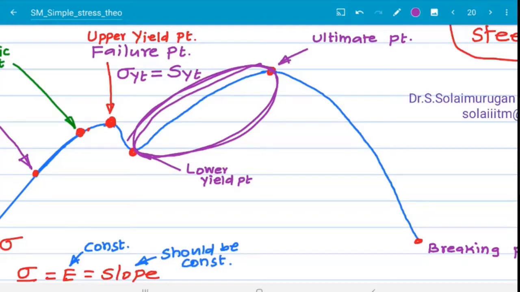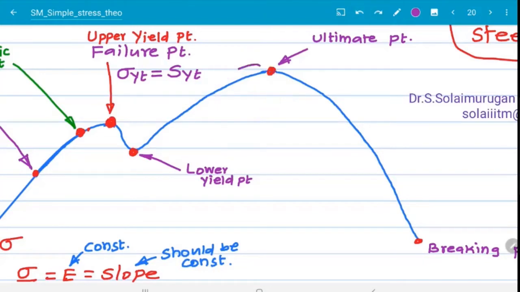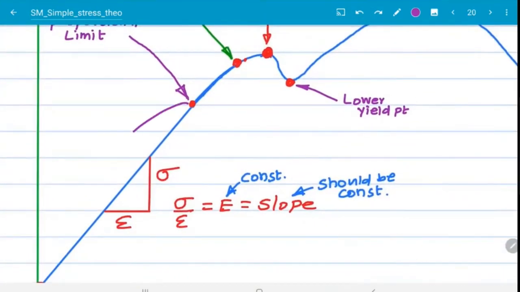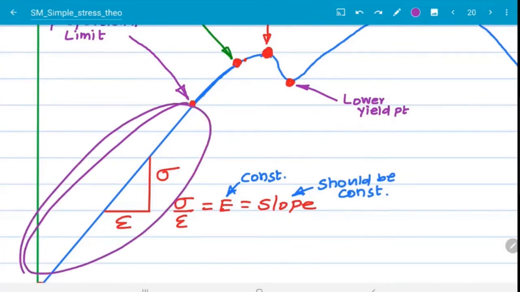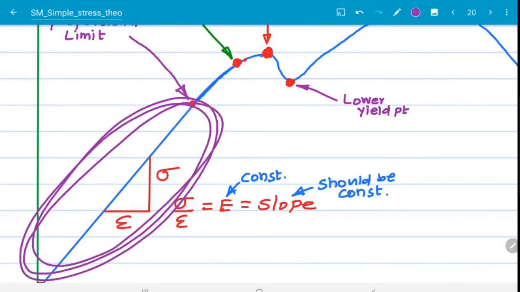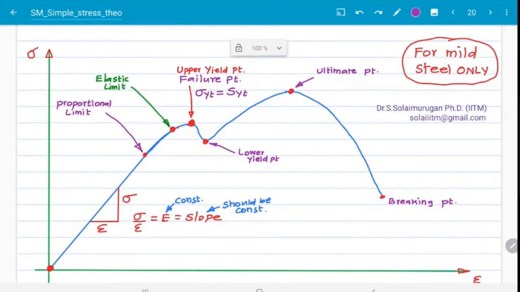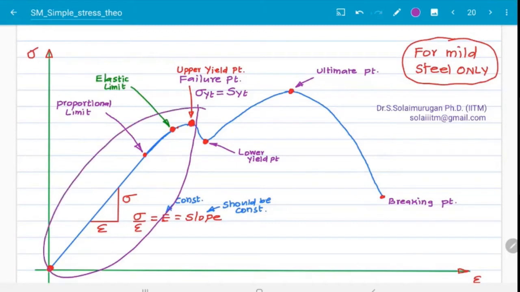For example, during metal forging and wire drawing, we are using the behavior of this portion. But during field application, we are working in this portion only. So from the design point of view, we have to study the information up to this portion in detail.